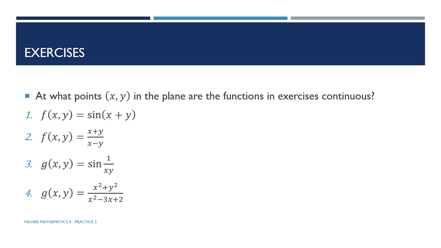And in this exercise, function for continuity: at what points (x, y) in the plane are the functions in the exercise continuous? So we know the sine function, I know the graph of the sine function, it's continuous everywhere. At point 0 it's 0, at point 90 it was 1, so the sine function's graph is like this. It's continuous everywhere, x and y.